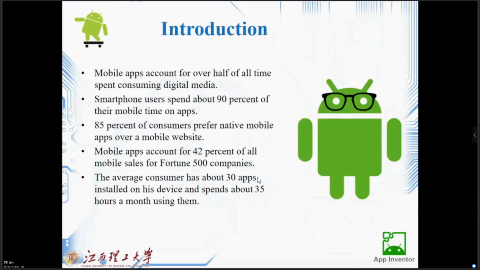Let us first start from some statistics and history which people built, and they said that mobile apps account for over half of the time spent consuming digital media. This is the importance of mobile applications in digital media. And smartphone users spend about 90% of their mobile time on apps.